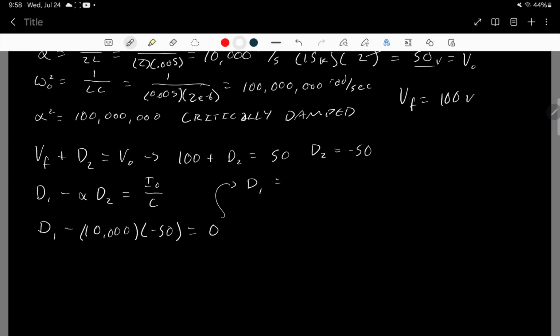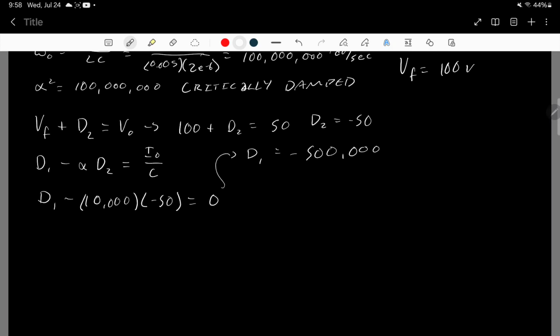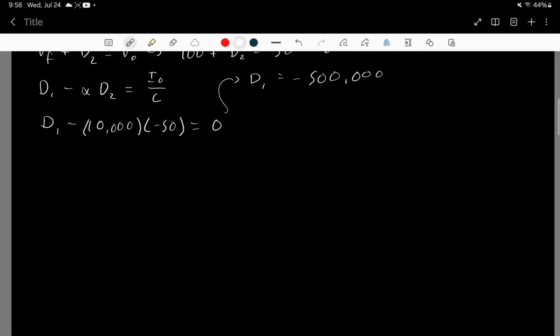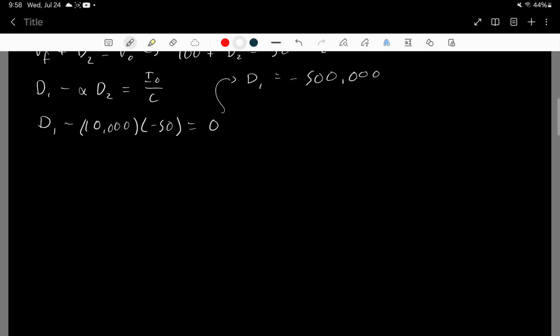Yep. So that's going to be positive 500,000, and then we subtract it over. So this is negative 500,000. And now we have all of the information that we need to construct our equation for voltage across the capacitor.